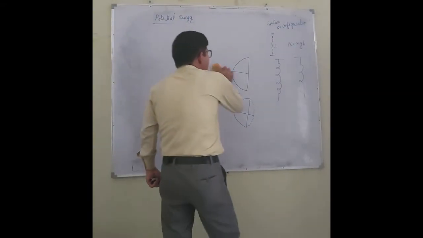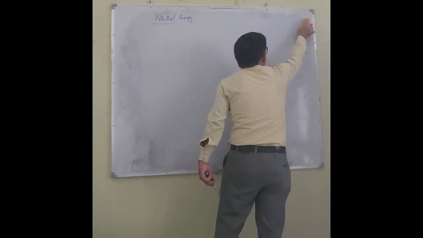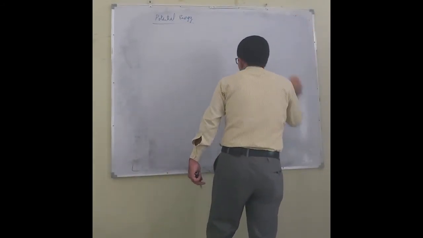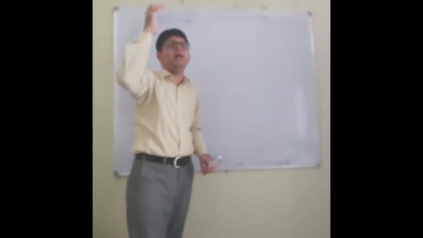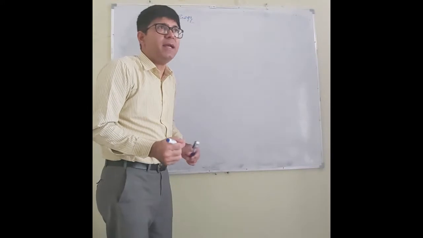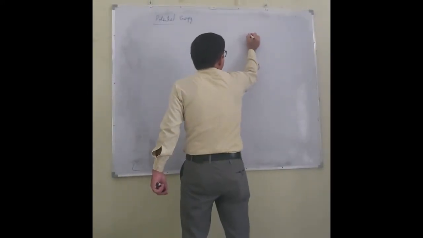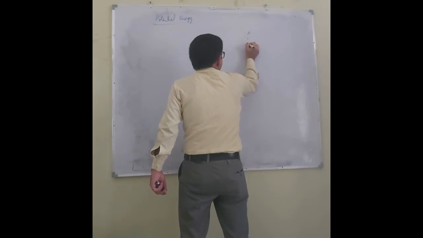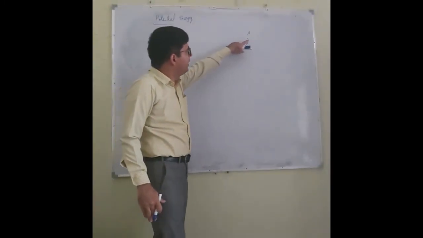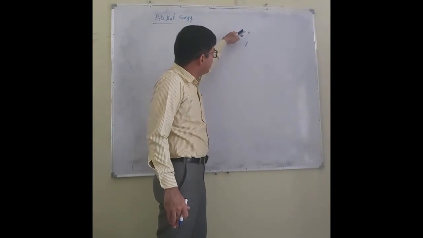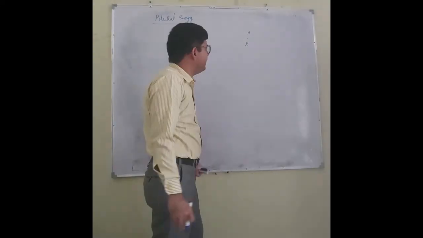Now, in an electric field, what is the potential energy? Potential energy of a charge in an electric field: let us say this is point A, this is the charge Q1. I have to define its electric potential energy at point A. So what is this electric potential energy at point A?